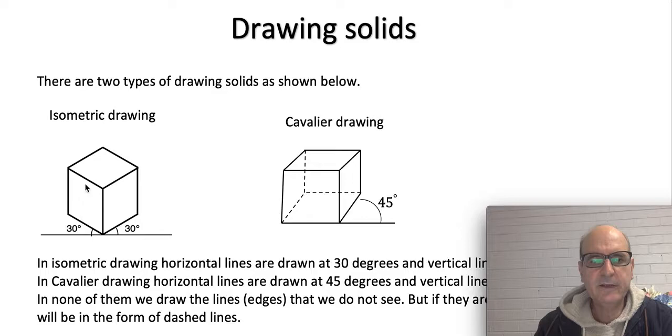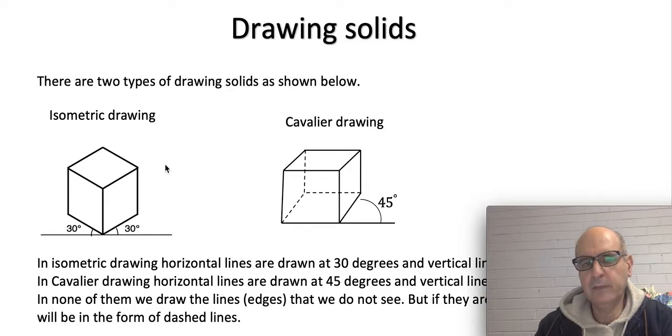In this system, in isometric, all the vertical lines stay vertical. So when I'm looking at an object, all the vertical lines stay vertical, and all horizontal lines, meaning the lines on a horizontal surface, are shown at an angle to the horizontal line that we have on our plane.